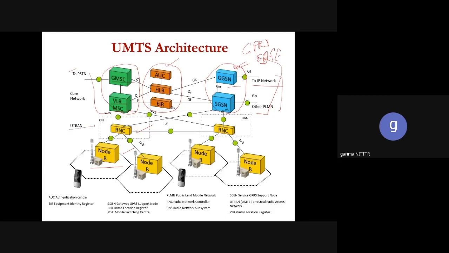That is why this network is given the name Universal Terrestrial Radio Access Network. And in 2G, there was a difference: no BTS was connected to another BTS. But in 3G, they gave interfacing of RNC to RNC, and these are the specifications or names given to the interfaces from one unit to another unit. So this was the UMTS or 3G architecture.